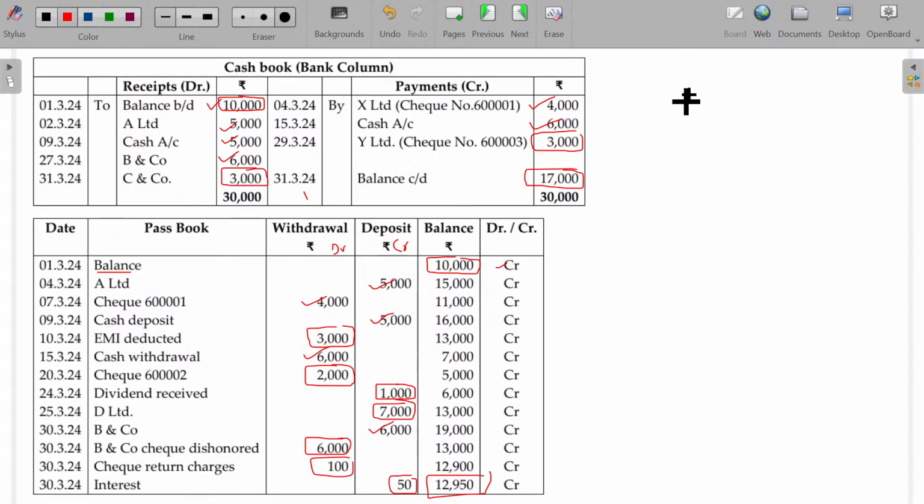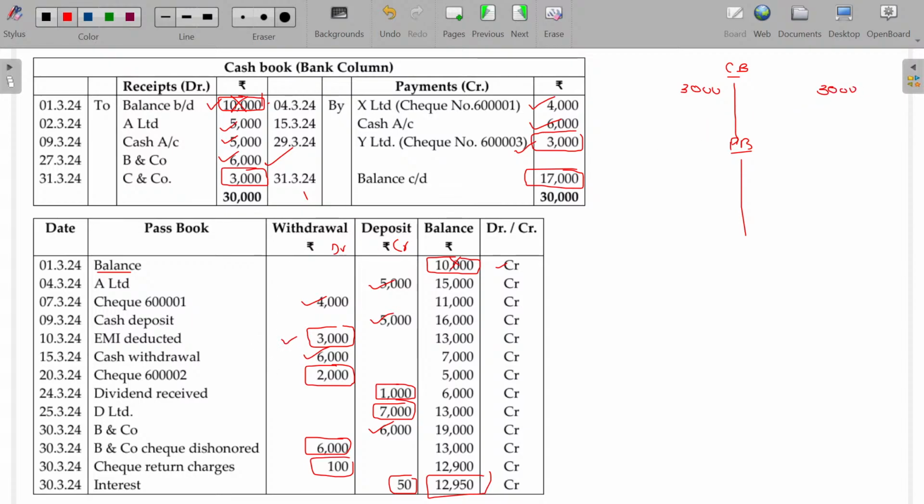See the working note, cash book and passbook. Just write all the missing data. This is tallying, no problem. Apart from that, missing data being here 3,000 rupees and here 3,000 rupees.